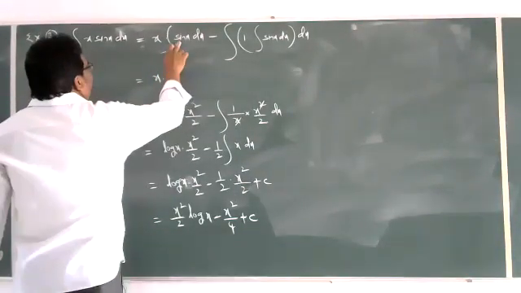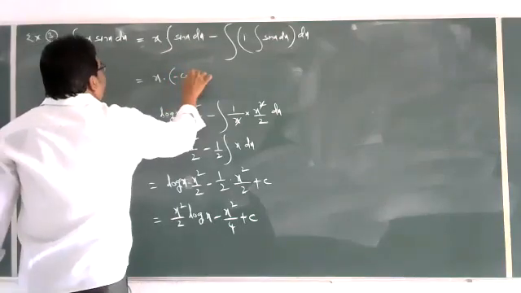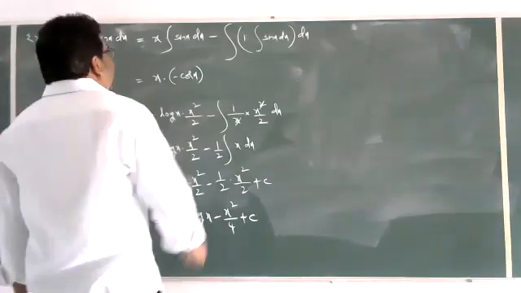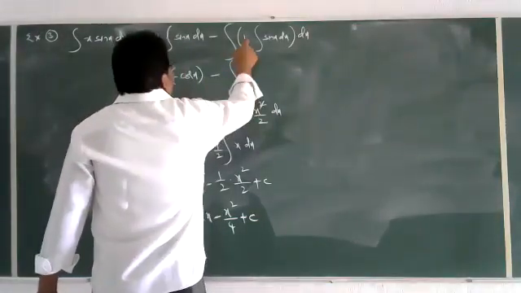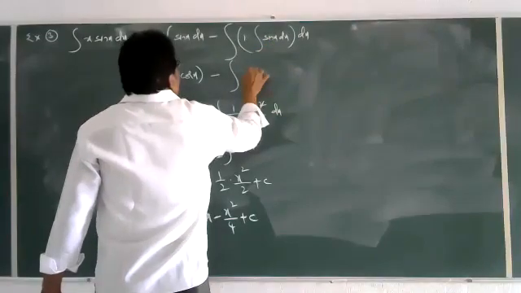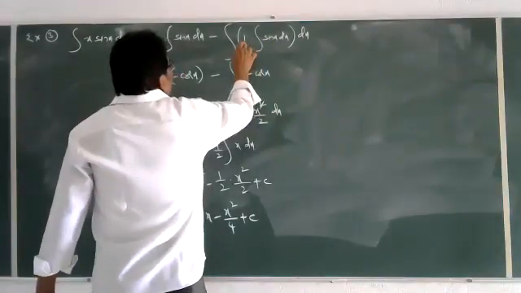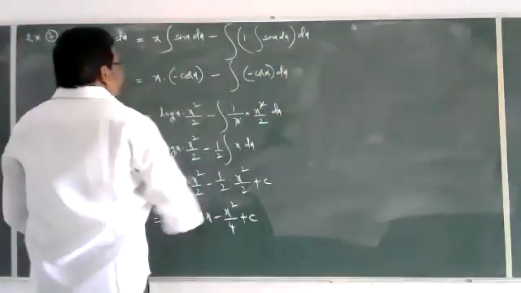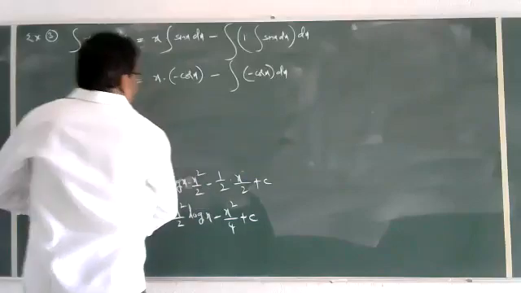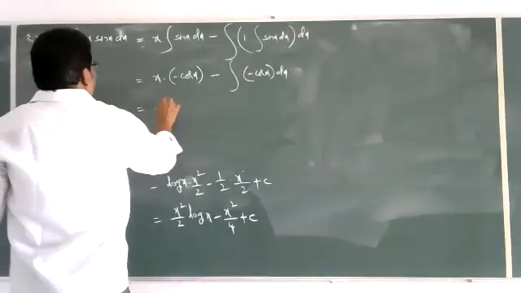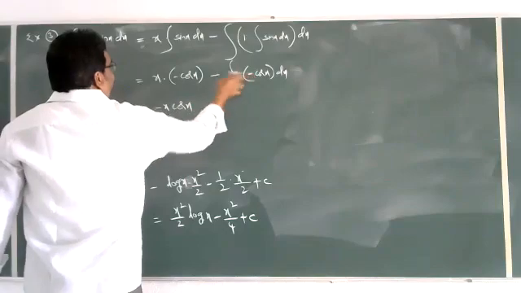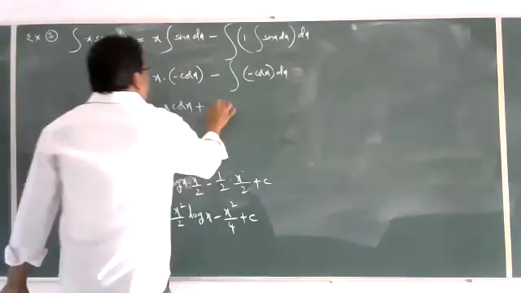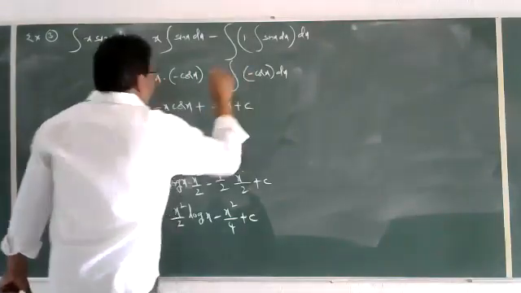That is equal to x into integration of sin x, which is minus cos x, minus integral of 1 into minus cos x. That is minus x cos x, and minus into minus is plus. What is the integration of cos x? It is sin x plus c. That's enough.